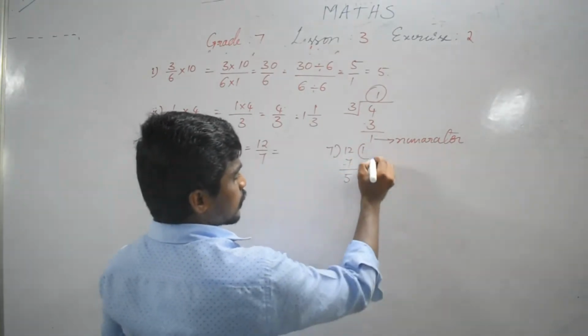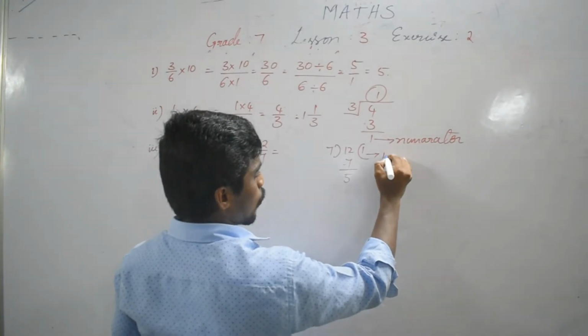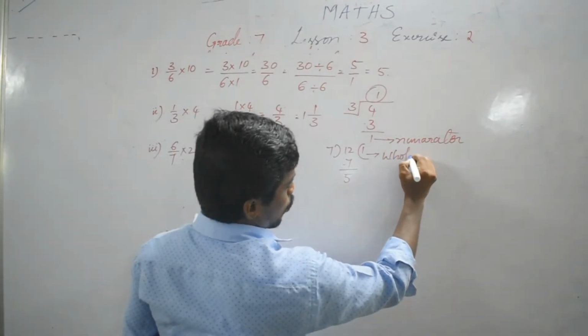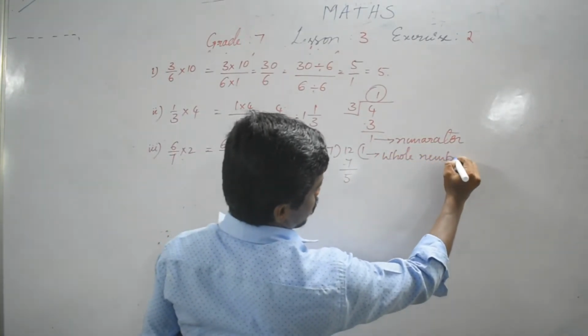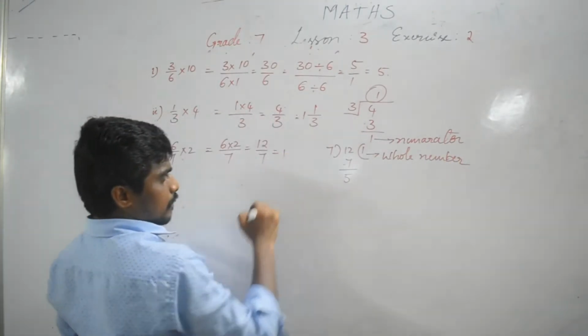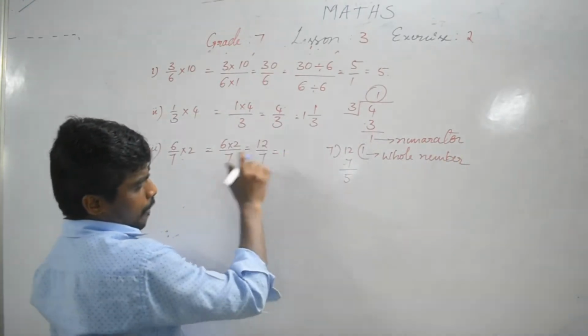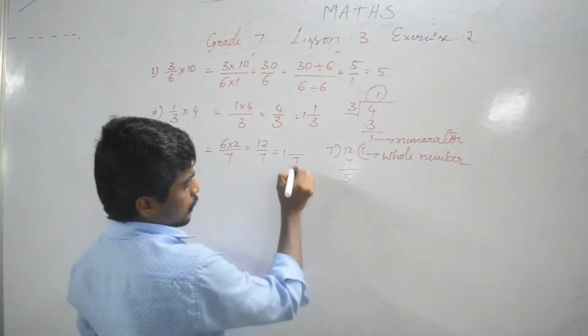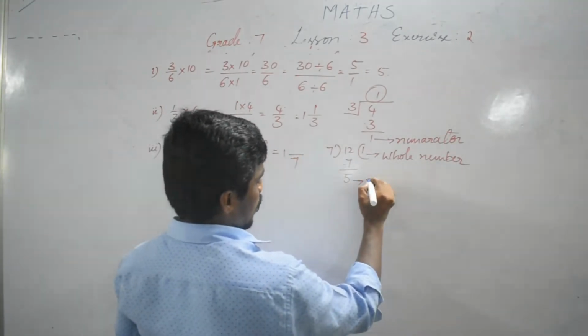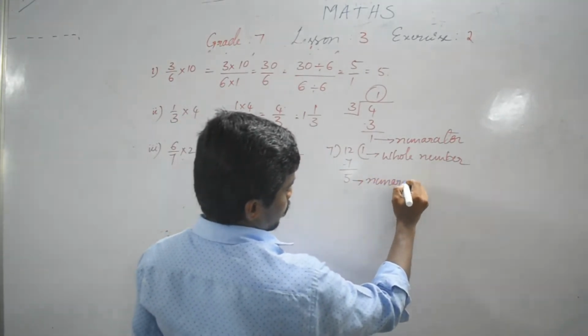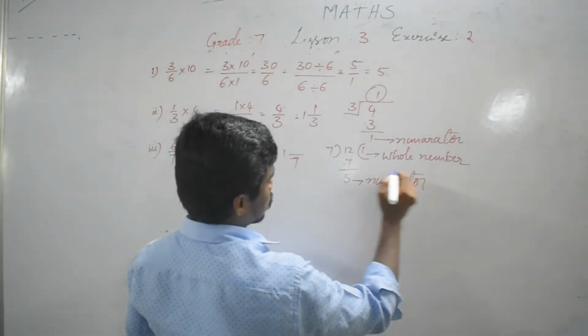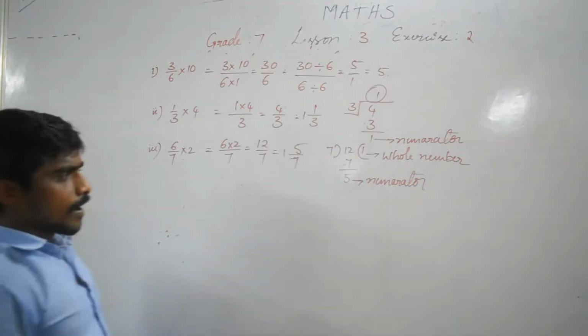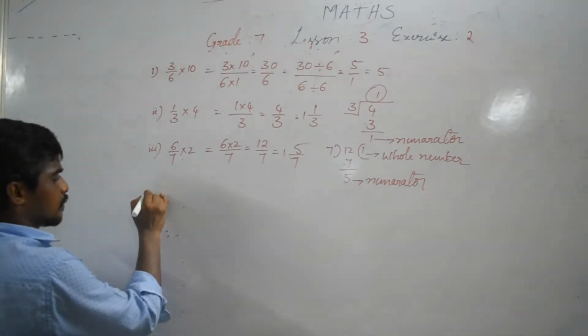Here the remainder is 5. The quotient is a whole number, 1. The denominator is 7, the numerator is 5. So 1 5 by 7.